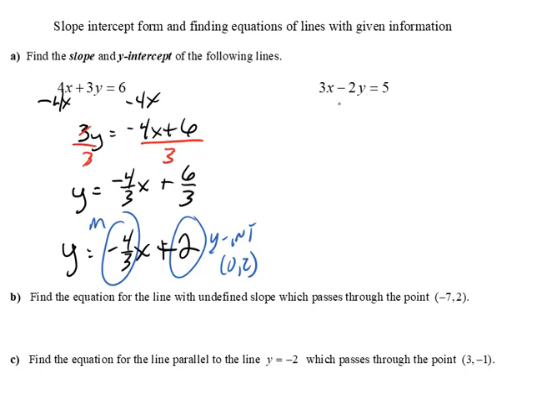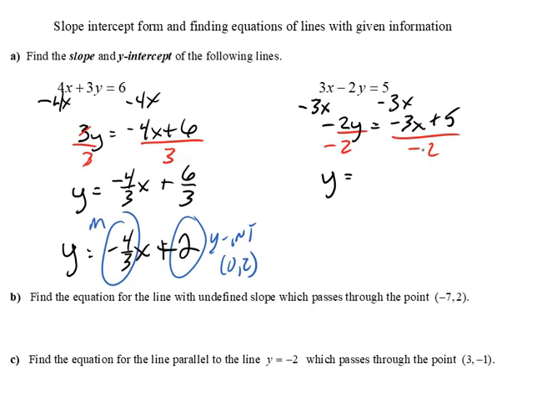Again, we want to solve for y, so we'll isolate the y term. So we're going to get negative 2y equals negative 3x plus 5. We'll, again, divide both sides by negative 2 to cancel the negative 2 factor. And when I do that here, I'm going to have y equals, so now we'll just distribute this division.